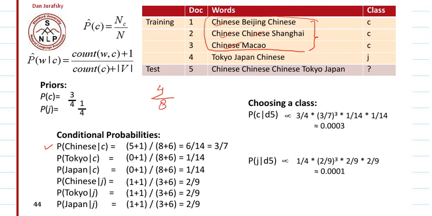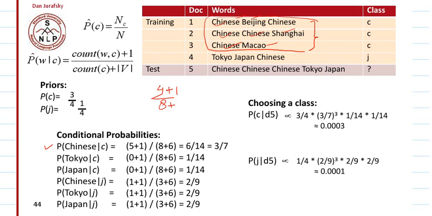Right, so by applying the Laplace smoothing, I add +1 here, and I add plus the number of unique words that are present here. So this becomes +1 to Chinese, +1 to Beijing, and +1 to Shanghai, +1 to Macau.